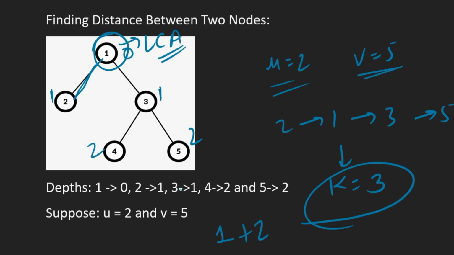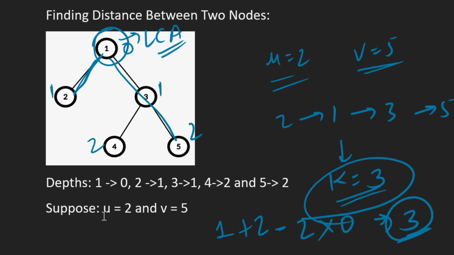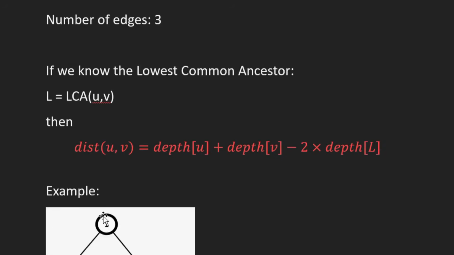So if we do depth of u plus depth of v minus 2 times depth of the common node, that is 0, then also we are getting our answer 3, right?